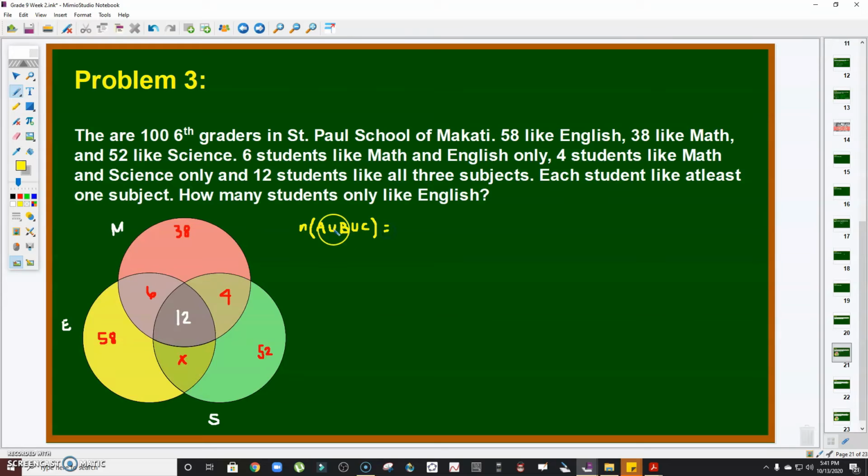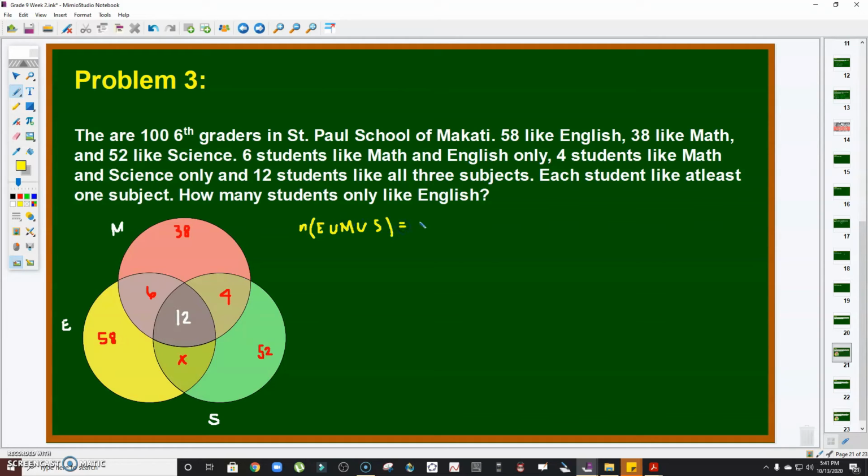So, gawin natin, English union Math union Science.